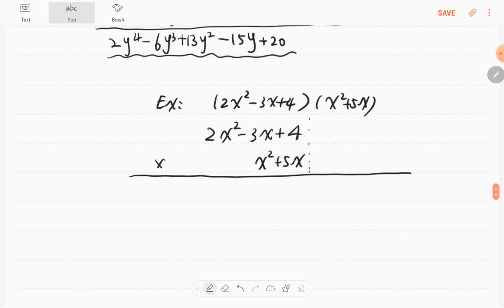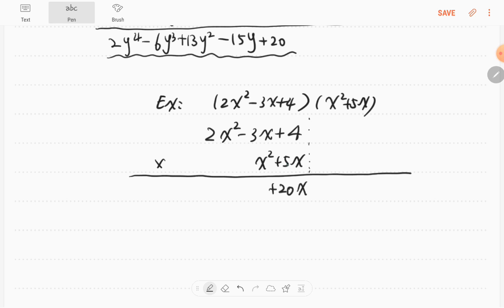Just make sure the right side is in the same line. Okay, let's start with the right side, from right to left. So the first term, we're going to use 5x times 4, then times negative 3x, then times 2x squared. So let's start with the first one. So positive 5x times positive 4, we will get plus 20x.